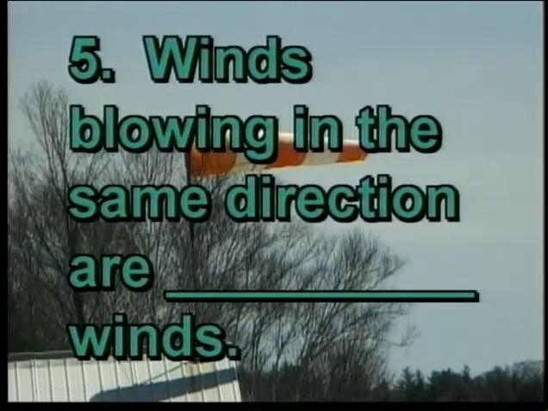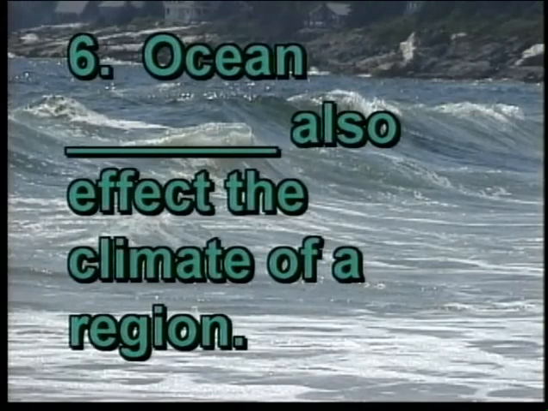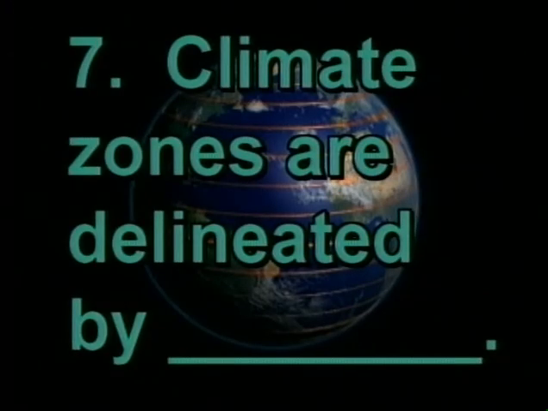Number 5, winds blowing in the same direction are winds. Number 6, ocean also affect the climate of a region. Number 7, climate zones are delineated by.